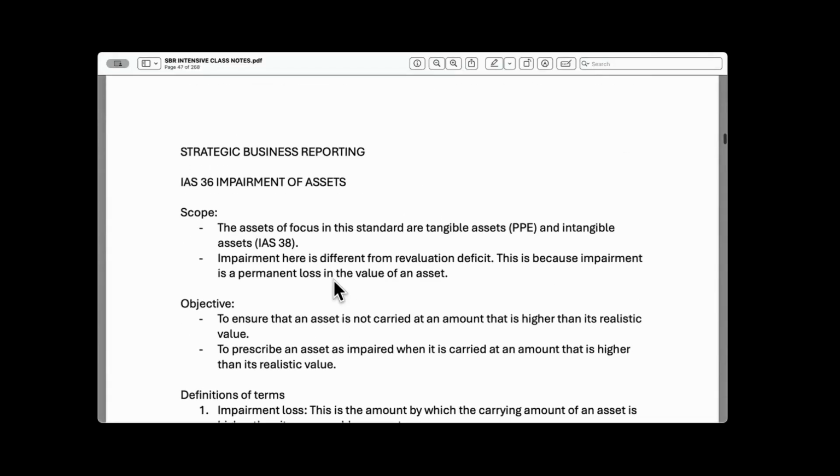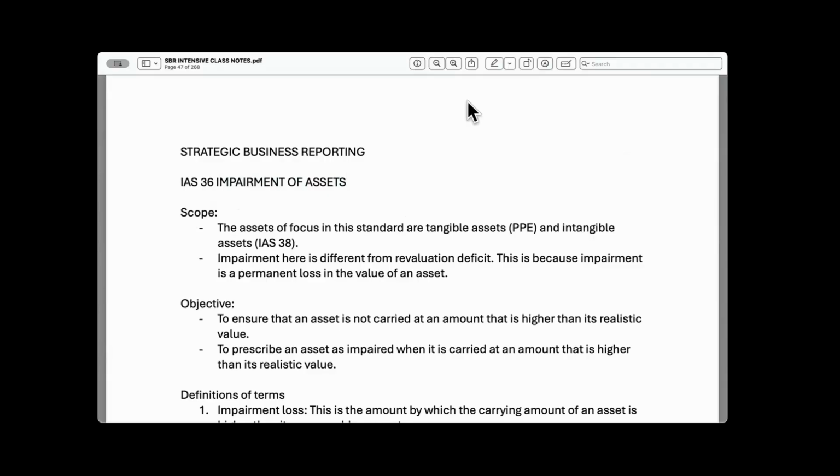Now, let's see where we can get to again on just reviewing what we have done so far. Another key part of your syllabus is IAS 36 on impairment of assets. This one is different from that of IFRS 9 that deals with impairment of financial assets.